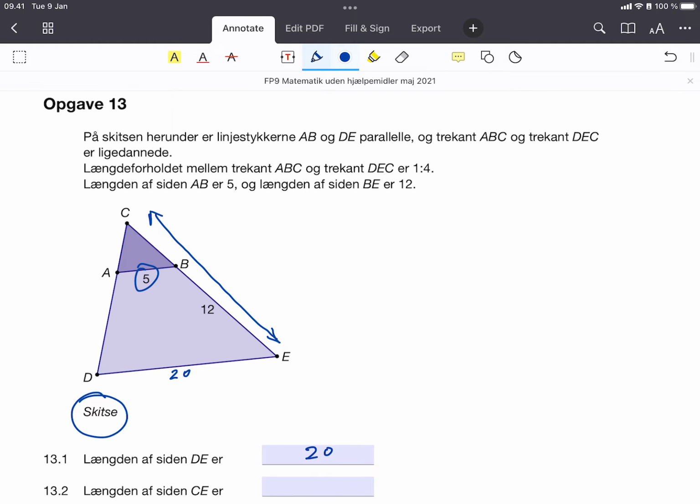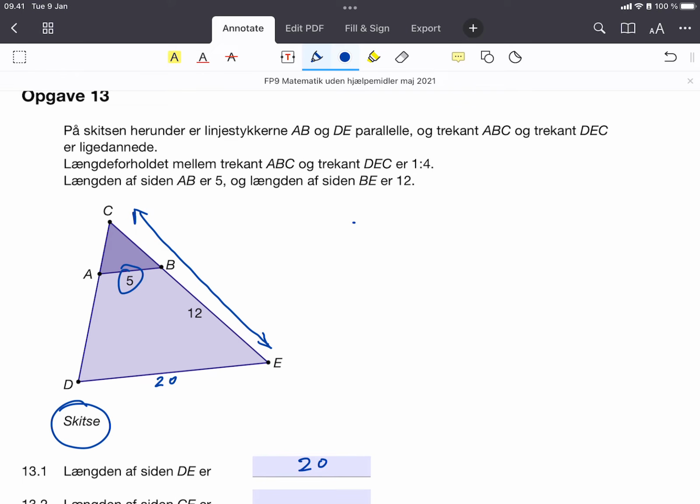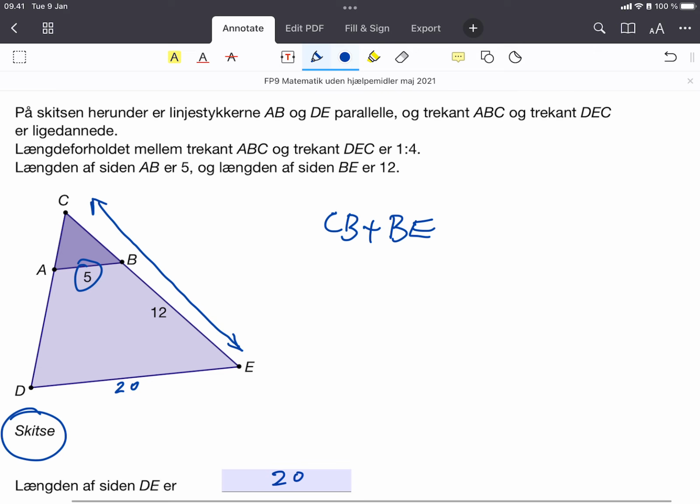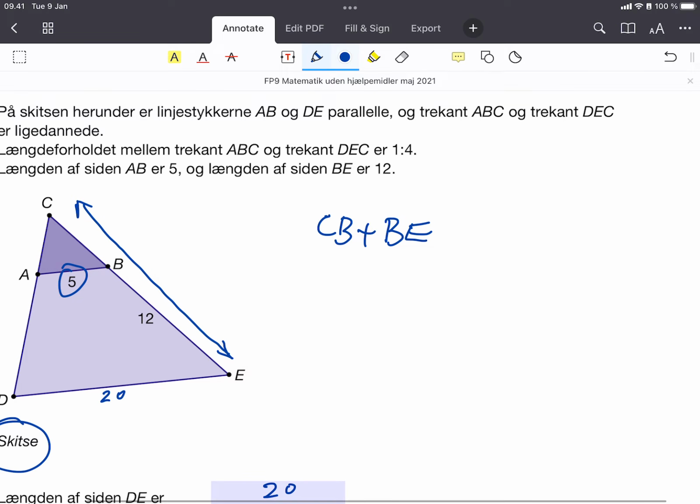Okay, so I'm going to look at it this way. I'm going to split this line that I'm trying to find out into CB plus BE. So down the side here, we've got CB plus BE, and I know that that is 4 times as big as CB on its own, because everything in the big triangle is 4 times as big as everything in the small triangle.